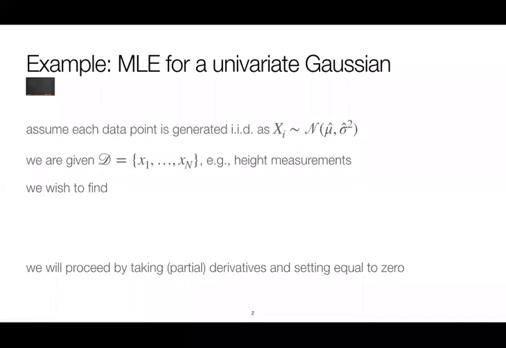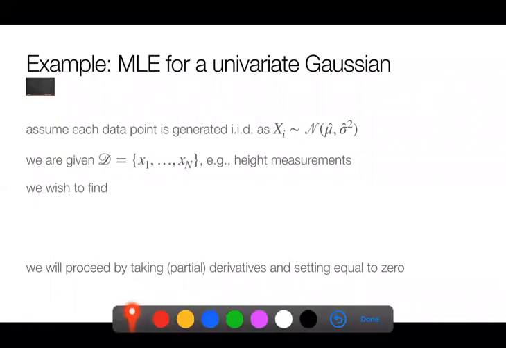So what MLE, maximum likelihood estimation, suggests is that I look for what I call the maximum likelihood estimate parameters, theta MLE. Here I'm using theta as a general term for parameters, but in this particular case theta denotes the mean and variance that I'm trying to estimate.